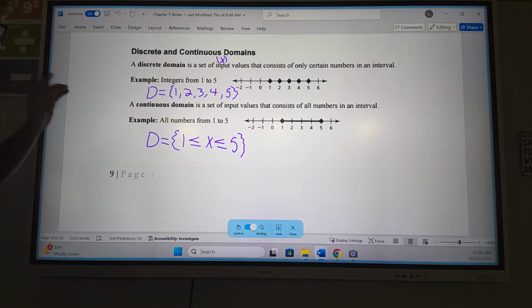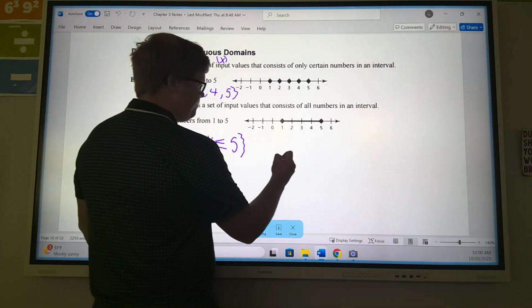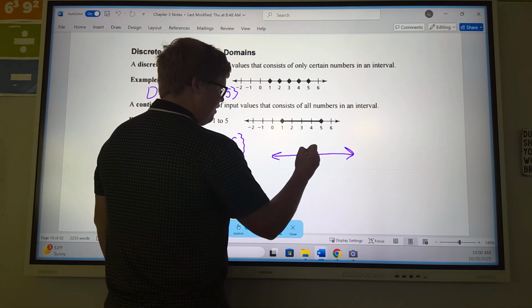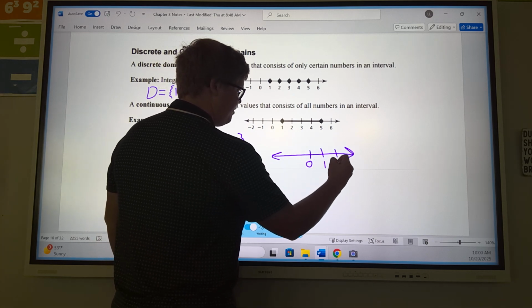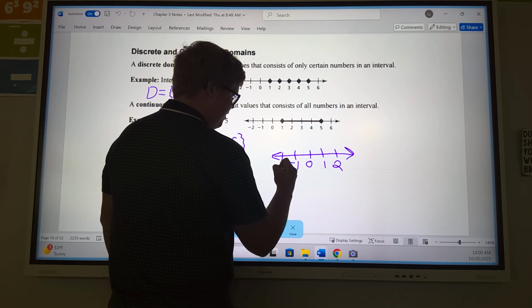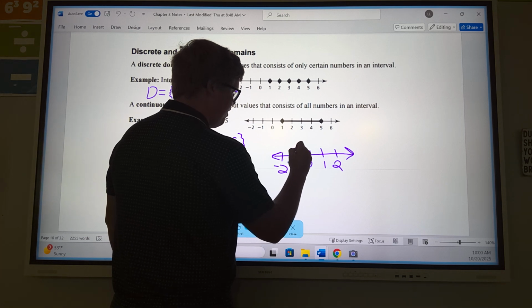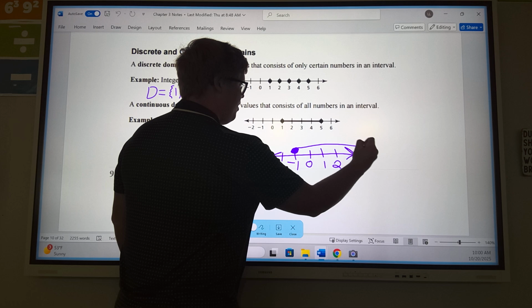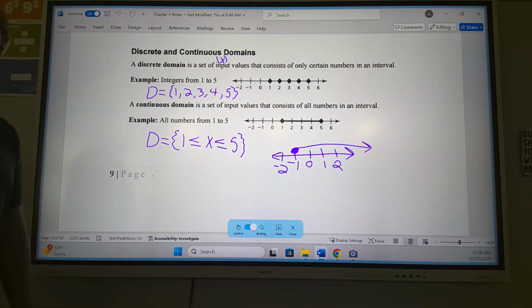Now, there's another way you can write a continuous domain as well. For example, if we had a number line, let's say this is 0, 1, 2, and this is -1 and -2. And we had a closed circle on -1, and we were pointing it all the way to the right. We do not have an endpoint, right?